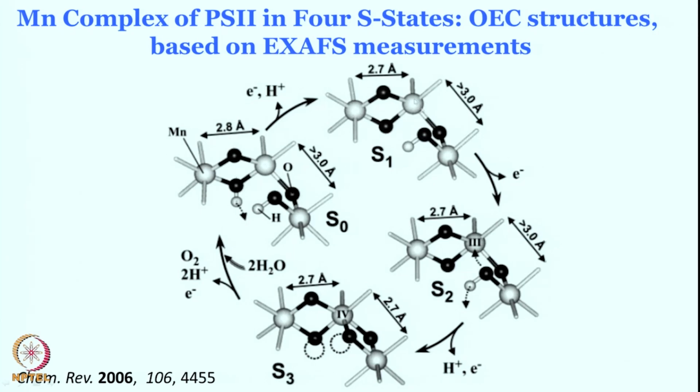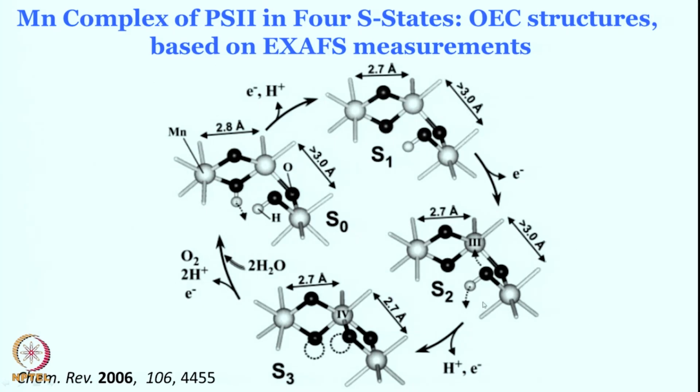This is quite phenomenal, because one should understand that this sort of electron and proton transfer does not make much change in the core structure, and that is what is observed by the XAFS study. We can further oxidize this center by one more electron, wherein you see that the dimanganese center is separated by 2.7 angstrom and the third center is separated only by 3 angstrom, as you see in all other cases.